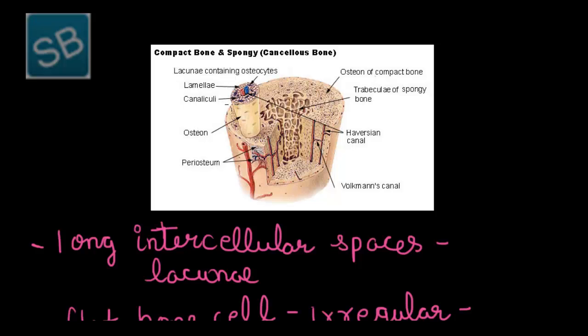In long dried bone, a large number of lamellae are present in the ground substance.